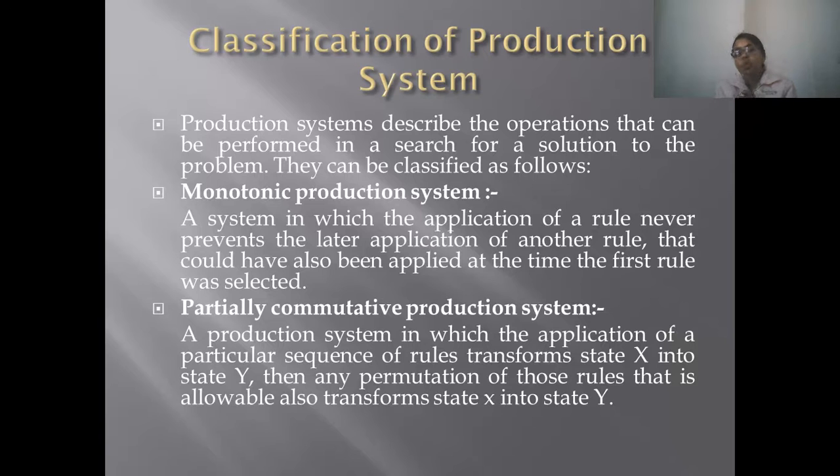Next is the partially commutative production system. What does it mean? It means a production system in which, if the application of a particular sequence of rules transforms state X into state Y, then any permutation of those rules that is allowable also transforms state X into state Y. So this is a kind of partially commutative production system, right?